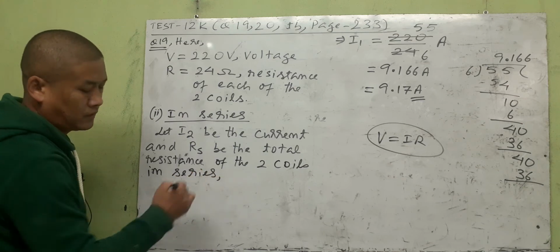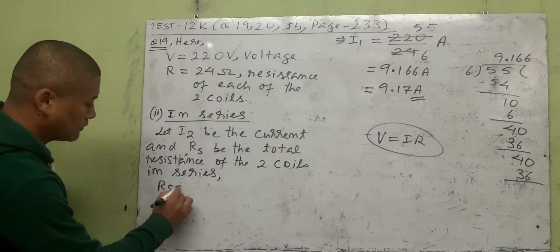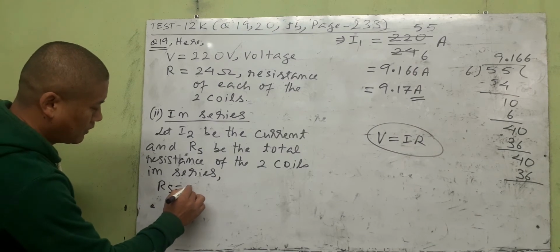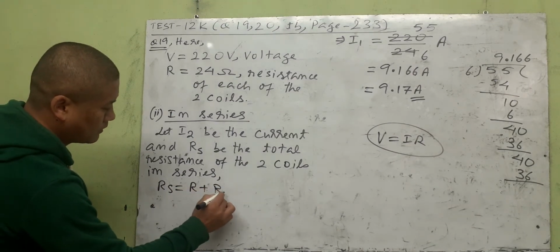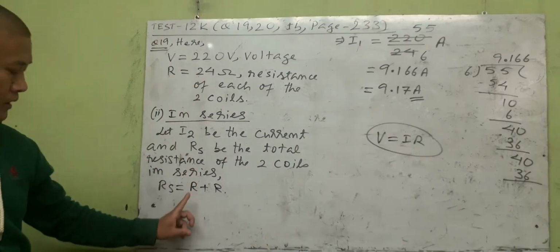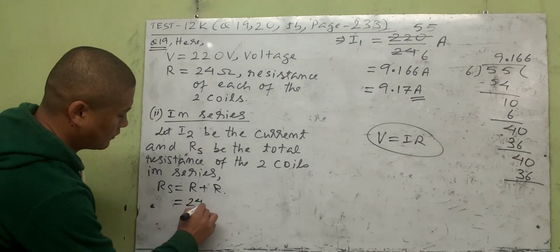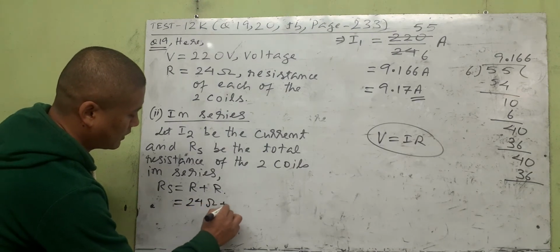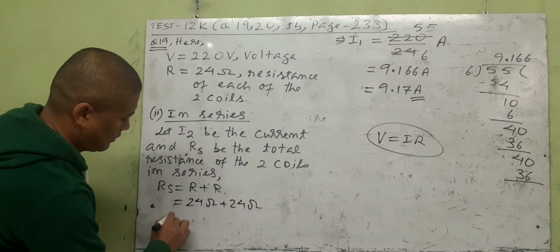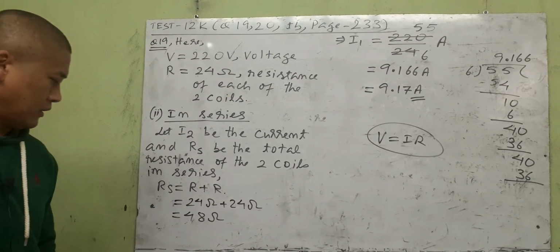Clearly second case is series. If you are in series, the total, which is RS, will use the series formula, first plus second. Each of them has the same value, 24 ohms. Two of them means first one plus second one, which is simply 24 ohms plus 24 ohms, which is 48 ohms when we add 24 plus 24.